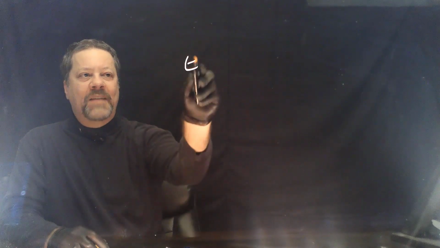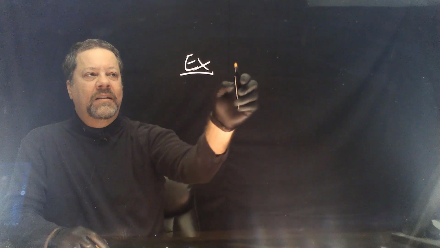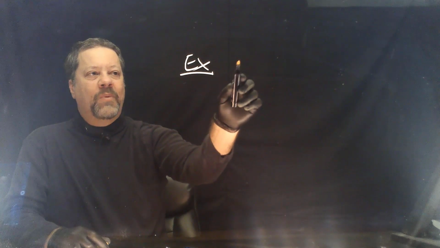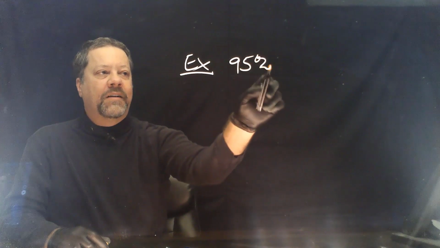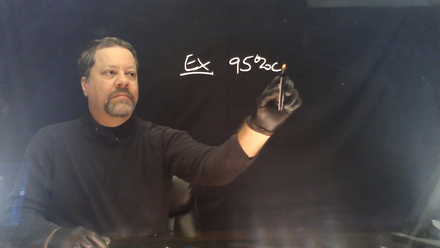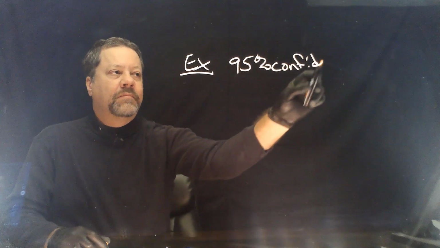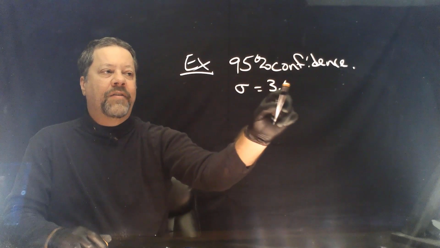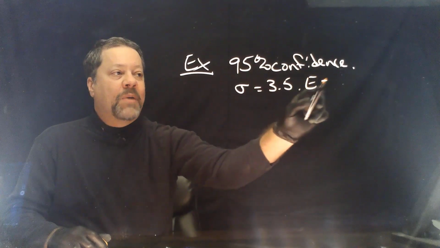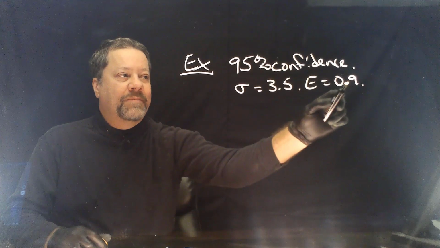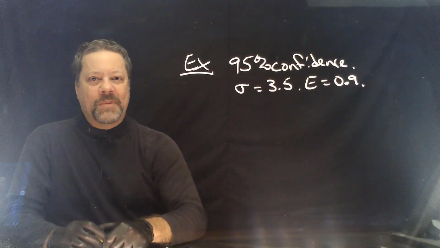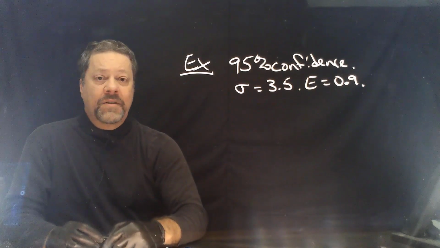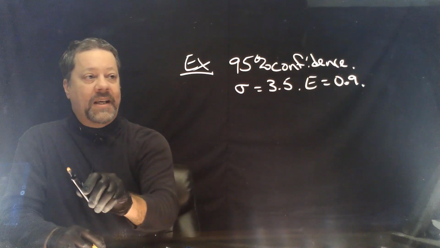Let's do a quick example. Let's suppose that we want a 95% confidence level, a standard deviation of 3.5 and a margin of error of 0.9. Find the sample size. First, we need to find the critical z.